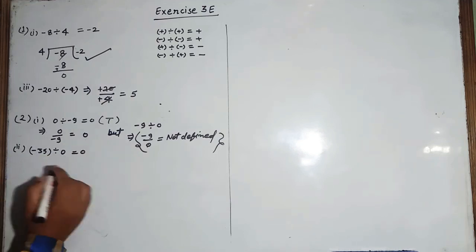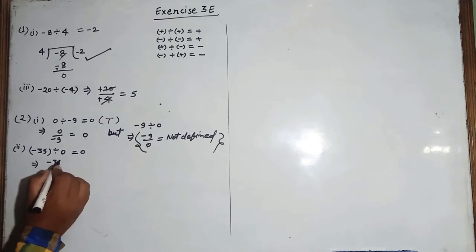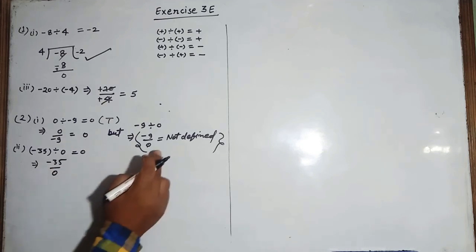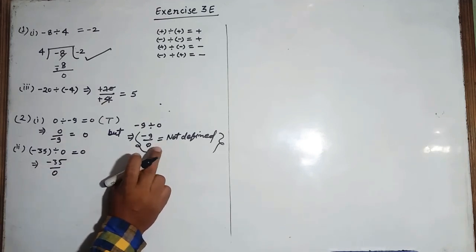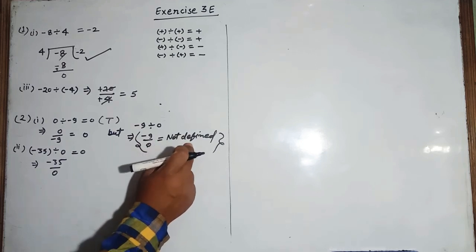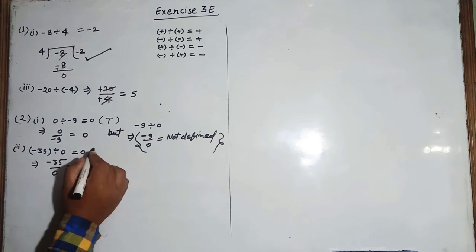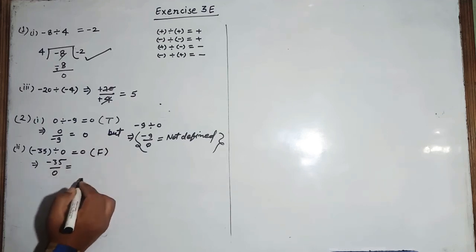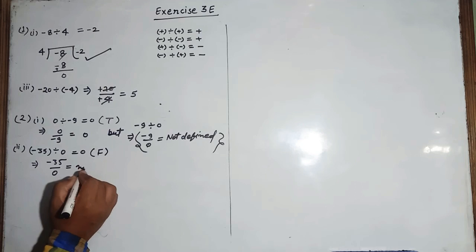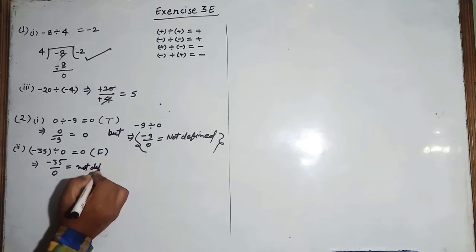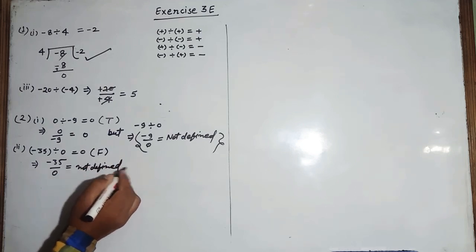So you know that we can write it like -35 upon 0. I said that in the denominator there should be no 0. If 0 is there, then it will be not defined, or we can't calculate it. So will it be true? No, it will be a false statement, because it will be not defined. That's why we can't calculate it.